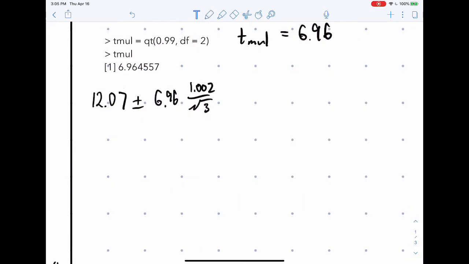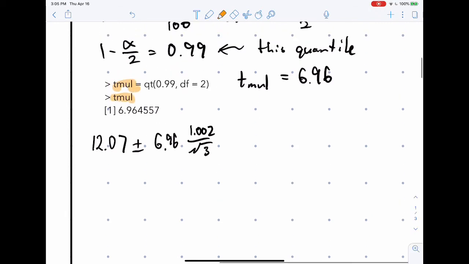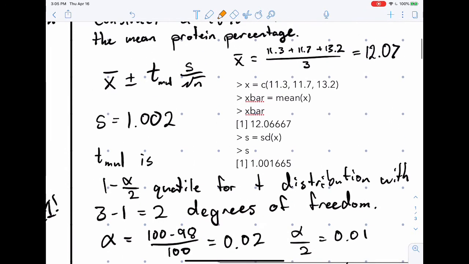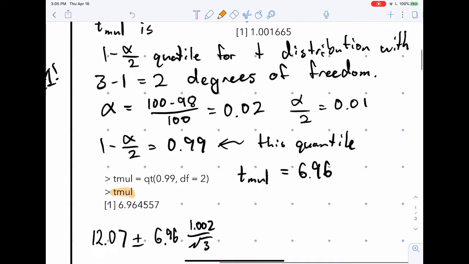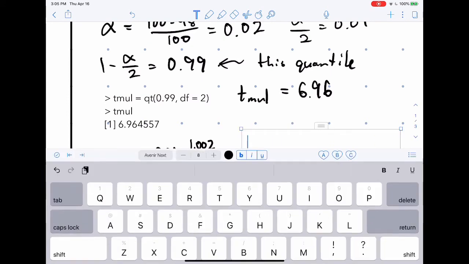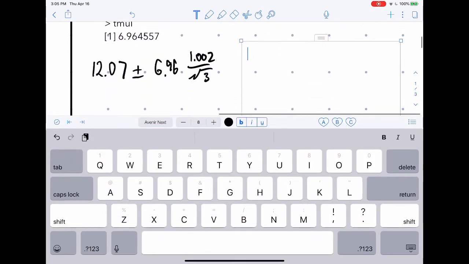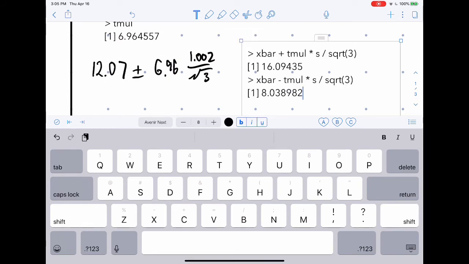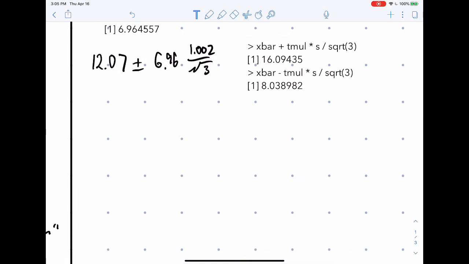I could type all those numbers into a calculator, but since I've saved them all into variables like t mul, s and x bar, which are already defined, I can just plug them into my equation. So it would look like this in R, where I'm literally writing the formula out.